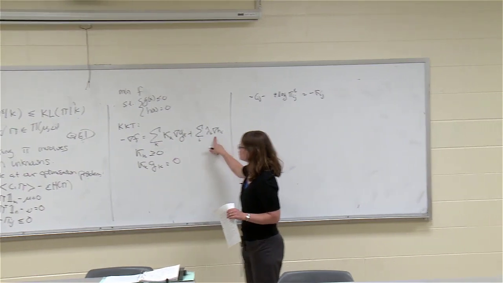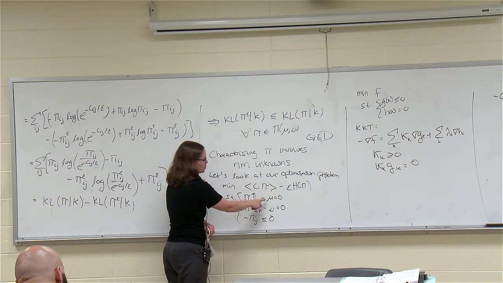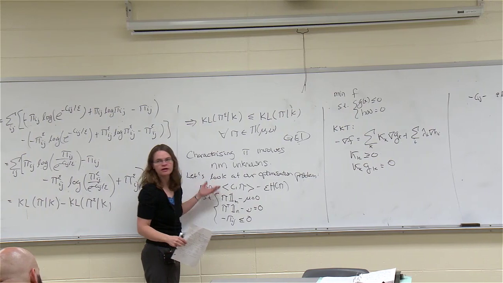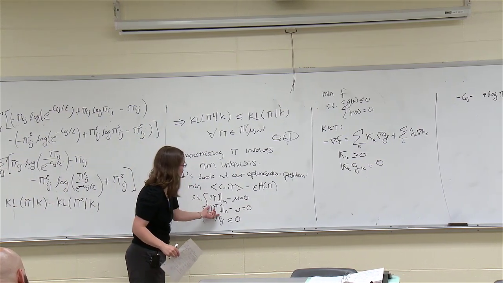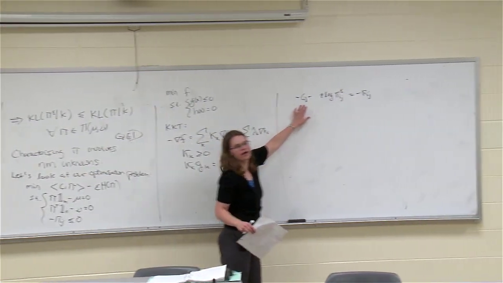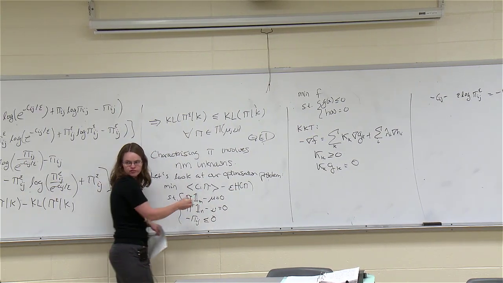Okay, and then my equality constraints are in 2 pieces here. So I'm going to get 1 for each value of i, and again, I've got just a lot of 1s popping up here. And then I'm going to get 1 of these for each value of j. So if we're interested in particular in the ijth component, I'm going to find the relevant value of i, the relevant value of j.